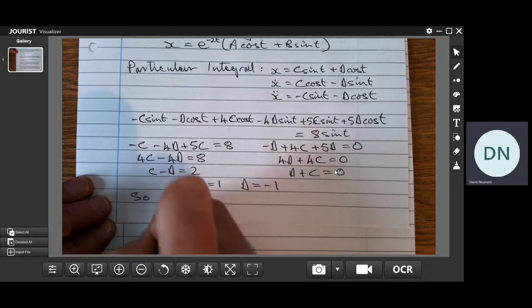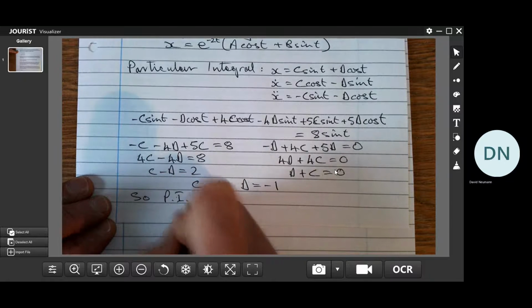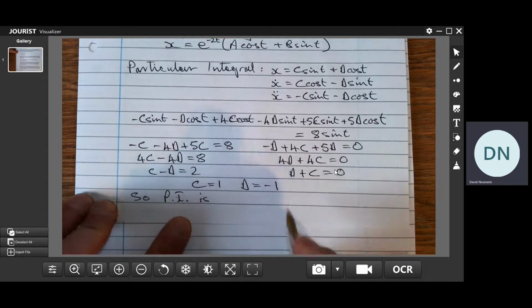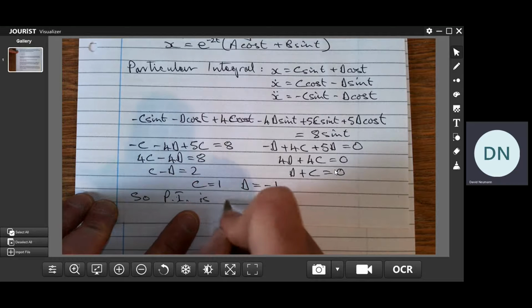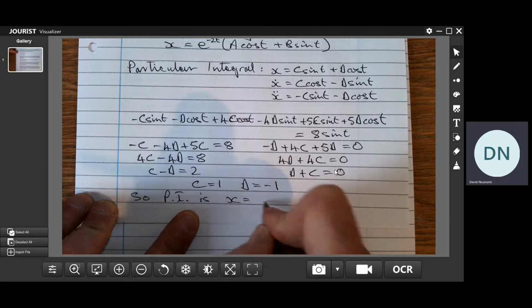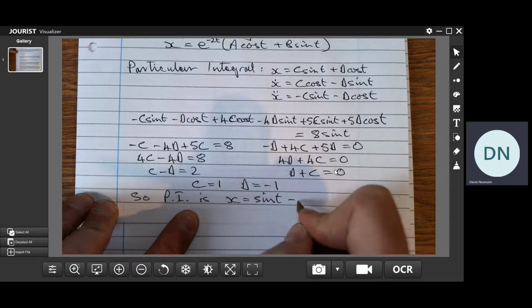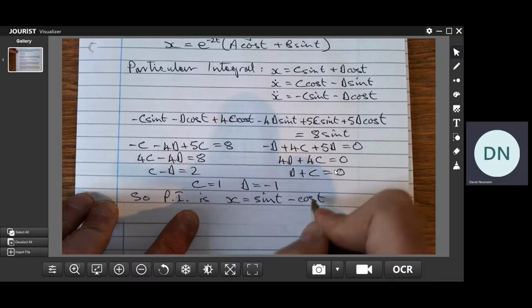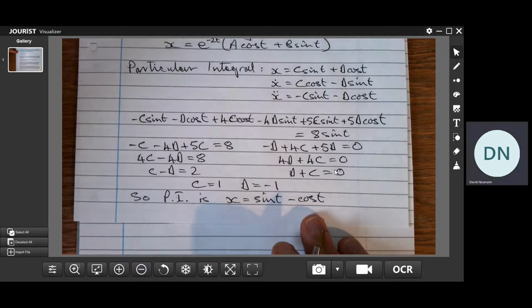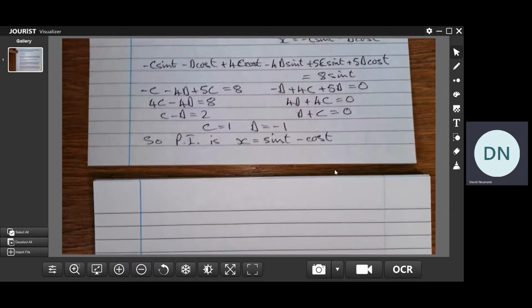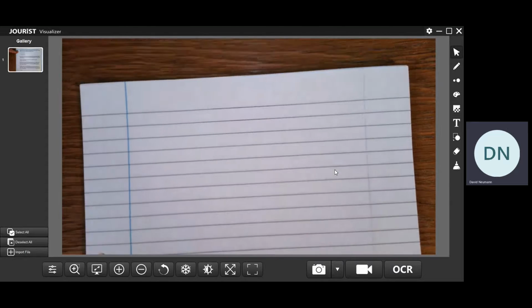So the particular integral is, what did we have? x equals, C was 1, so sine t minus cos t. So let's write out our general solution now.